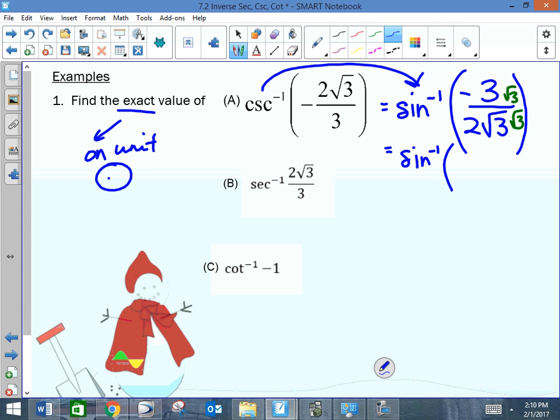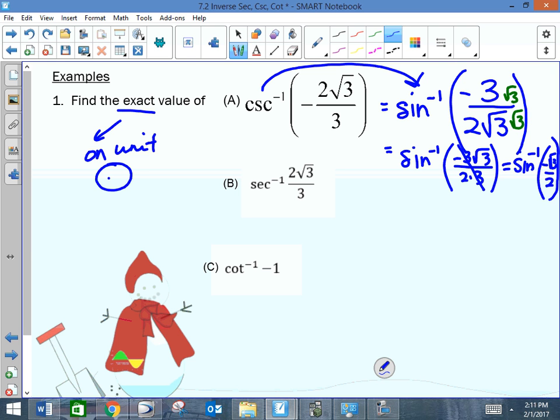And what is that? Negative 3 radical 3 over 2 times 3. The 3's cancel. Now, do you recognize it? Yes, thank you. Negative radical 3 over 2. Okay? Sorry, I'm squeezing.